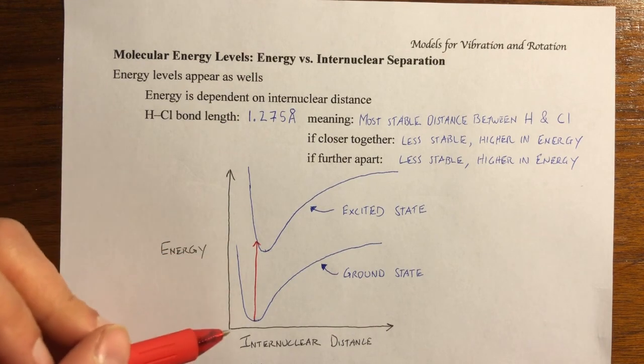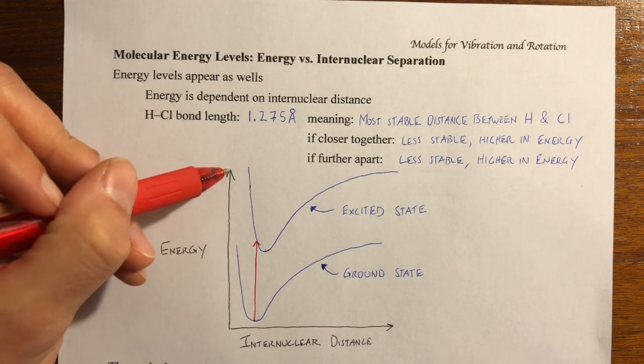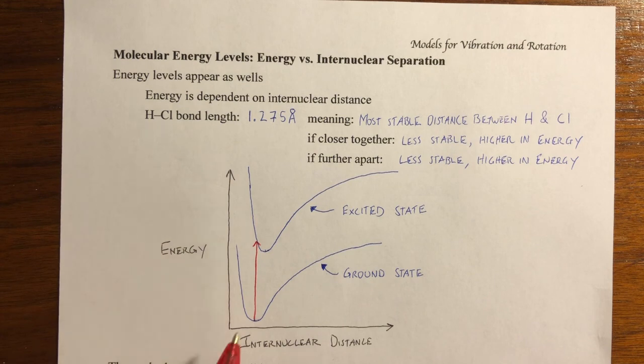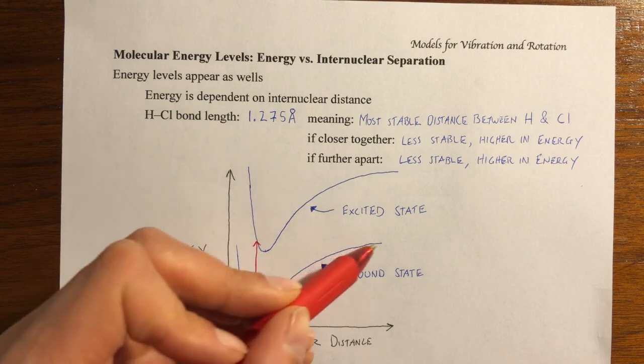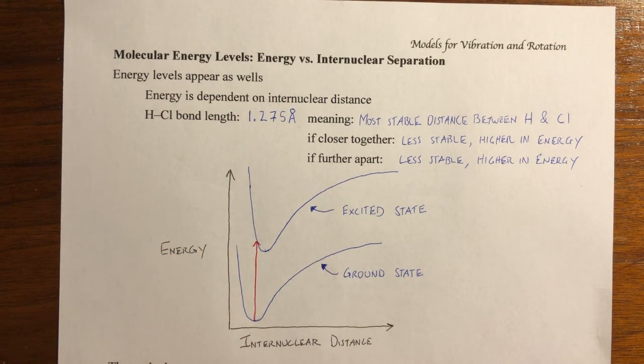In this diagram, we have a y-axis that is increasing, and that is energy. And on the x-axis, we have an internuclear distance, so that's the distance between the two atoms. At our lower energy, we have this well, and that is our lower energy level.